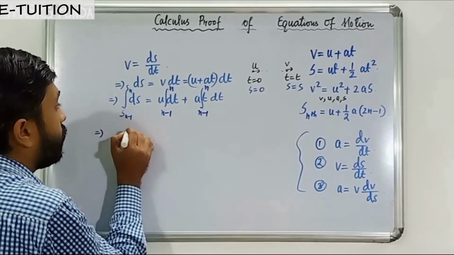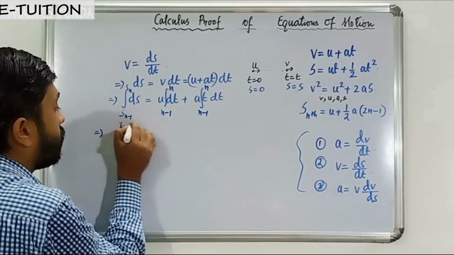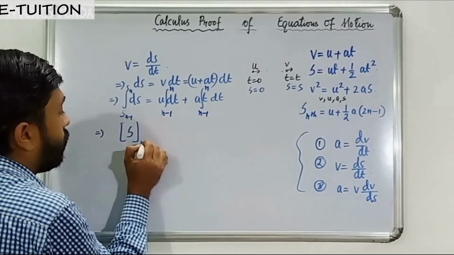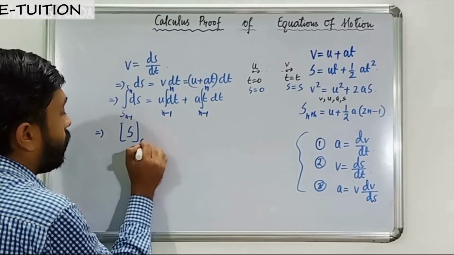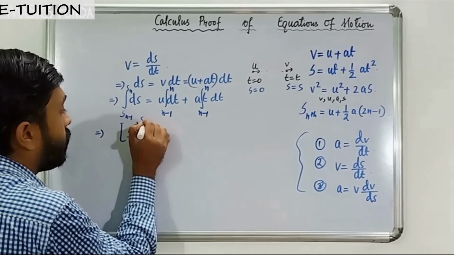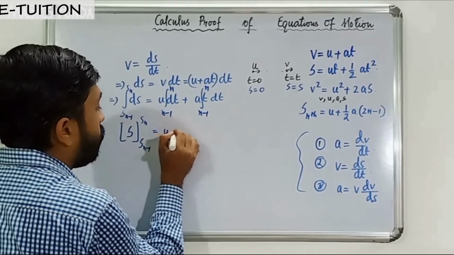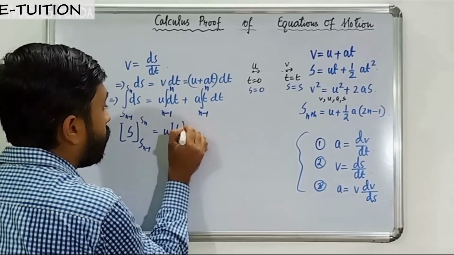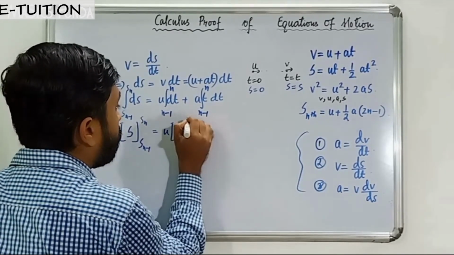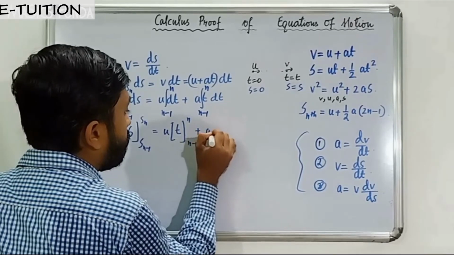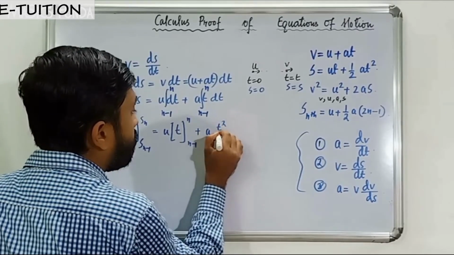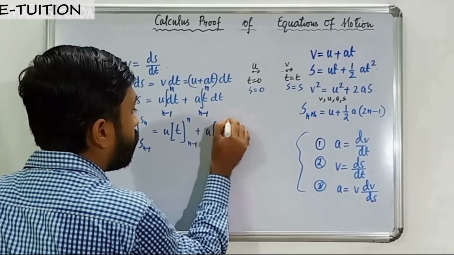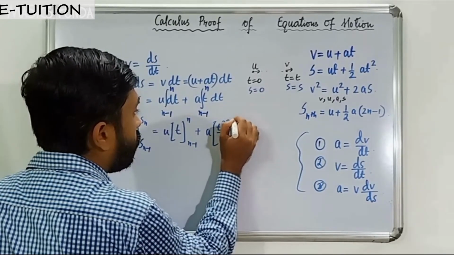Okay, so here we are getting S from Sn minus 1 to Sn, u t from n minus 1 to n, plus a t square by 2 from n minus 1 to n.